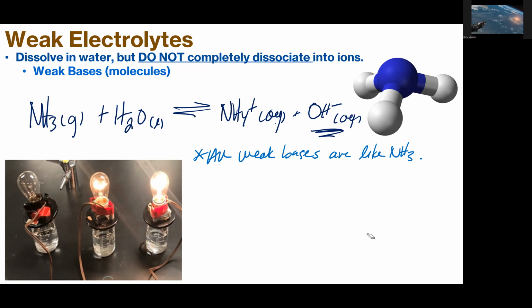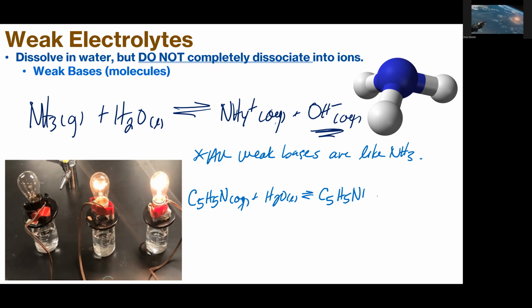So for example, if we had pyridine, which is C5H5N, this is going to do the same thing. And if we can dissolve this in water, it'll react with the water and give us the pyridinium. You don't have to know these names. It's just easier to say it.